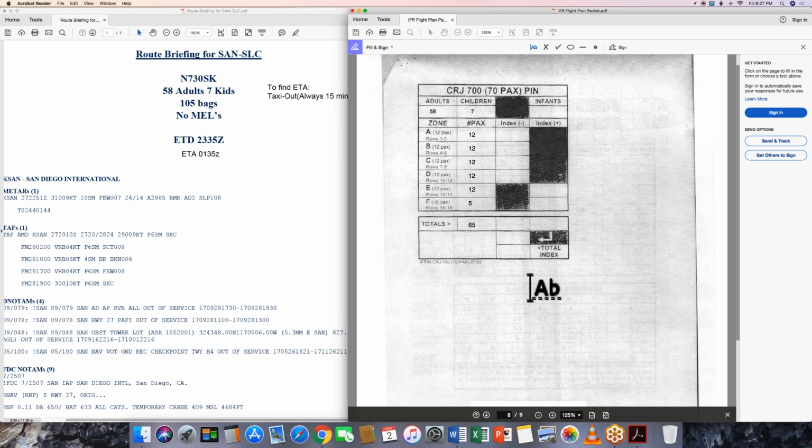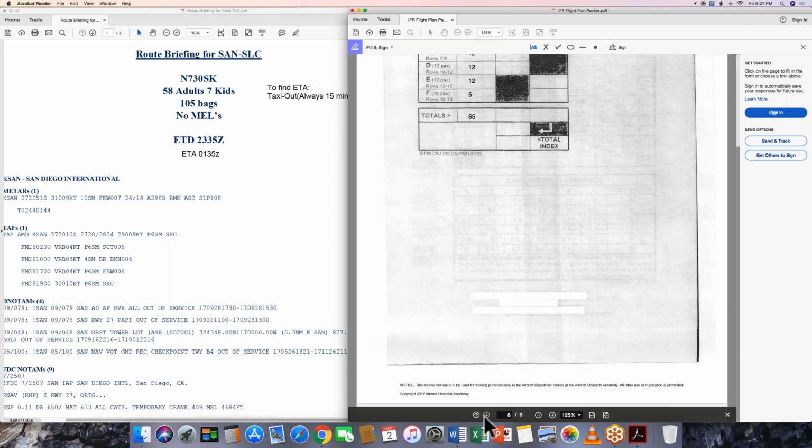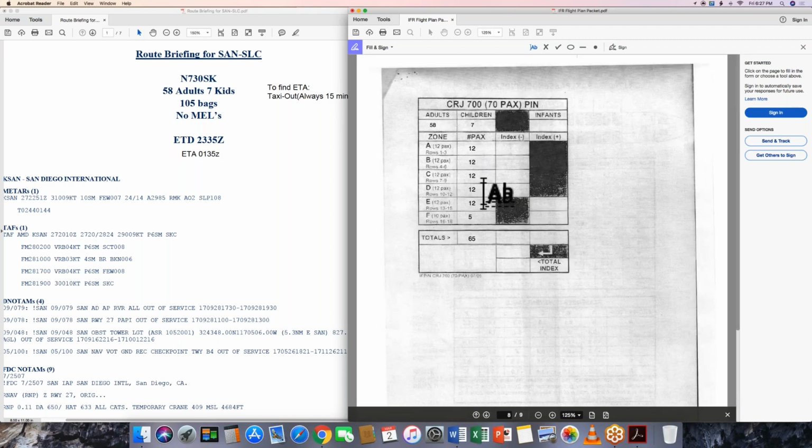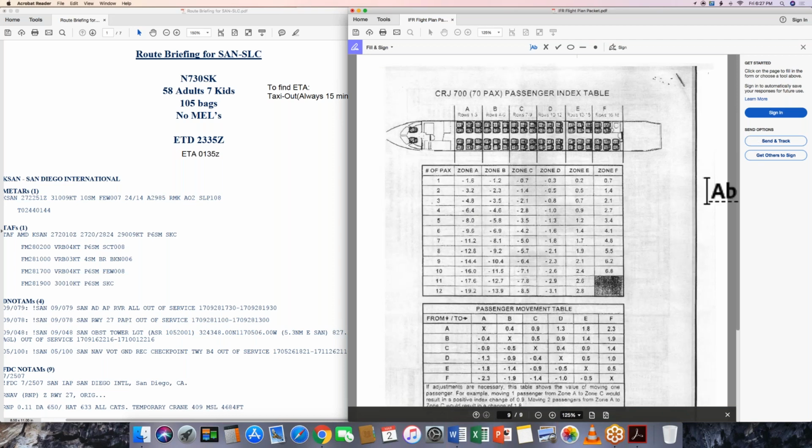Our index, we've got to go to this next chart, correct? So we've put 12 in every single section except for section F, which has 5. So we come over here to this section. Anyways, so we look here, Zone A, 12 passengers.